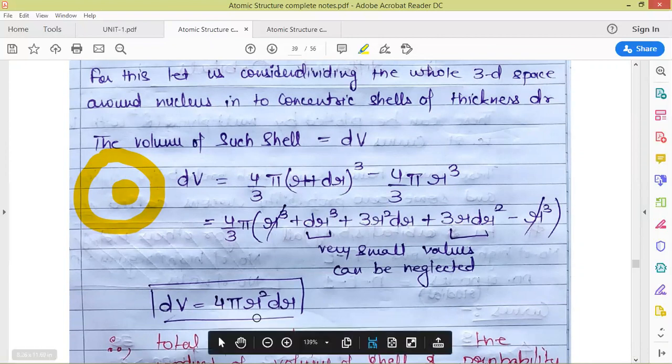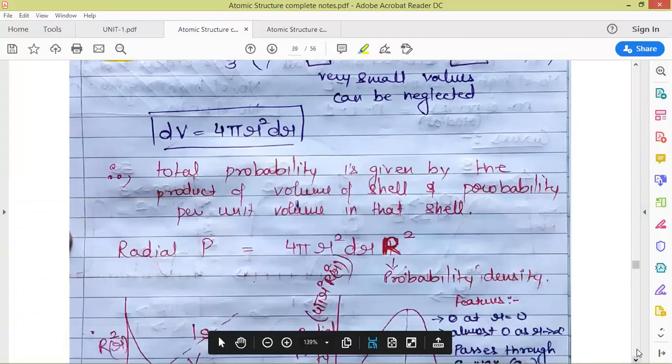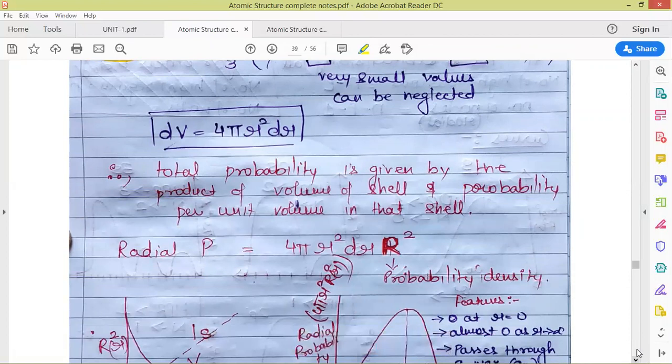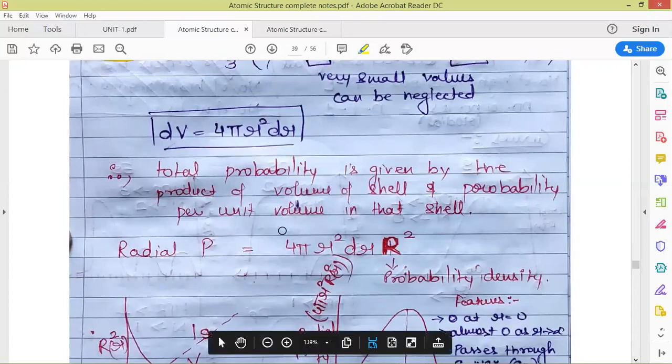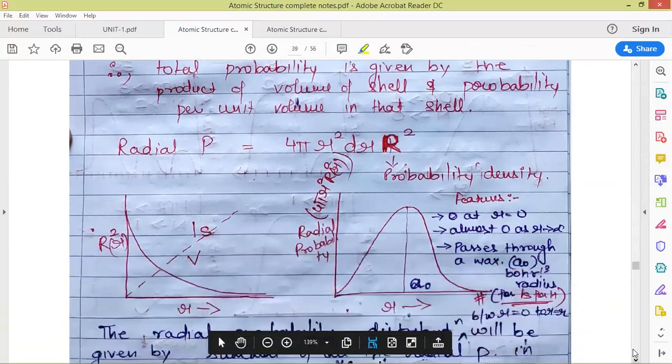From here the value of dV comes out to be 4 pi r square dr. So from here, as we already know, total probability is given by the product of the volume of the shell and the probability per unit volume in that shell. So this is the volume of the shell, and the probability per unit volume in that shell will be given by R square.